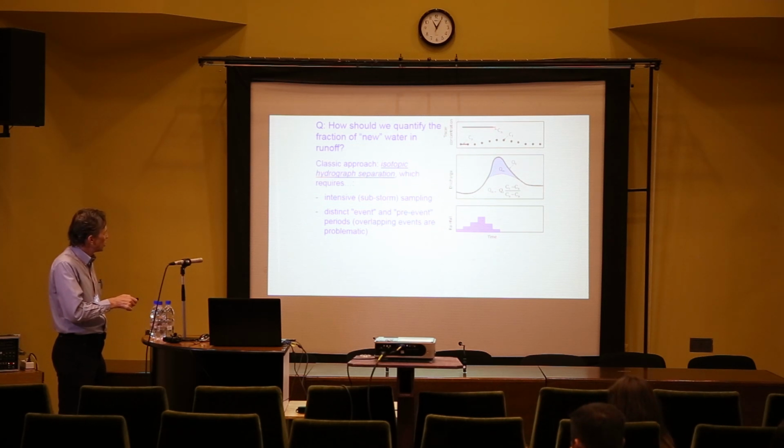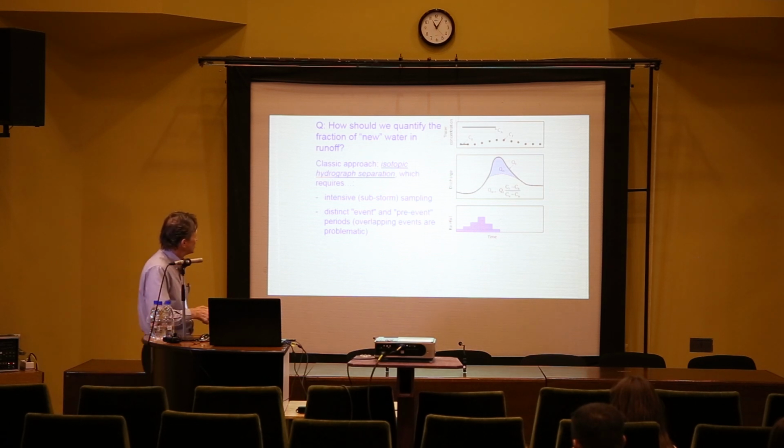We have a new water component that's represented by the average of all the rainfall, and we watch the stream concentrations change, and we express the stream water as a mixture of the old water and the new water as we go through the hydrograph, and we simply calculate by mass balance the fraction of water that is old versus new.